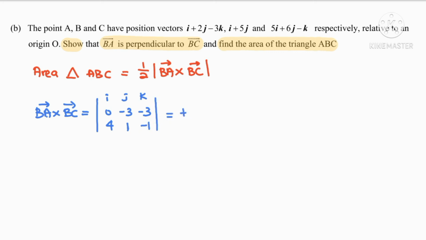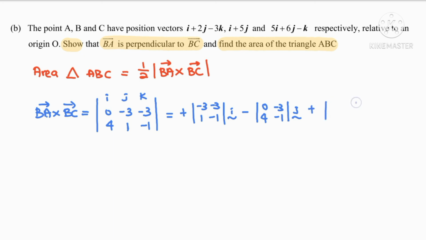So first we have the sign positive. So we take the second and the third column, negative 3, negative 3, 1, negative 1. And then we have the sign negative. We take the elements in the first and third column. And next we have sign positive.